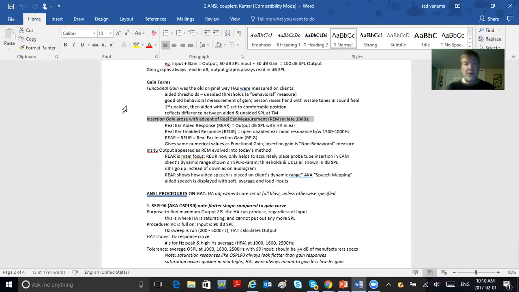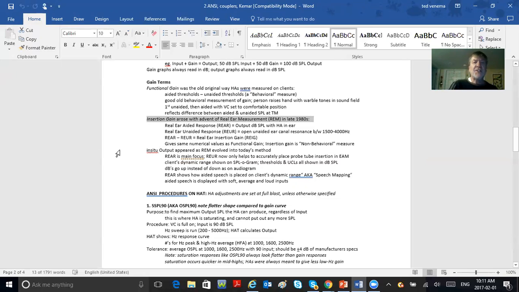And you can use functional gain to do that, or you can use insertion gain to do that. And insertion gain came with real ear. It was quicker. And real ear appeared at the very late 1980s. Real ear, 1988, 89 is when real ear came into the picture.